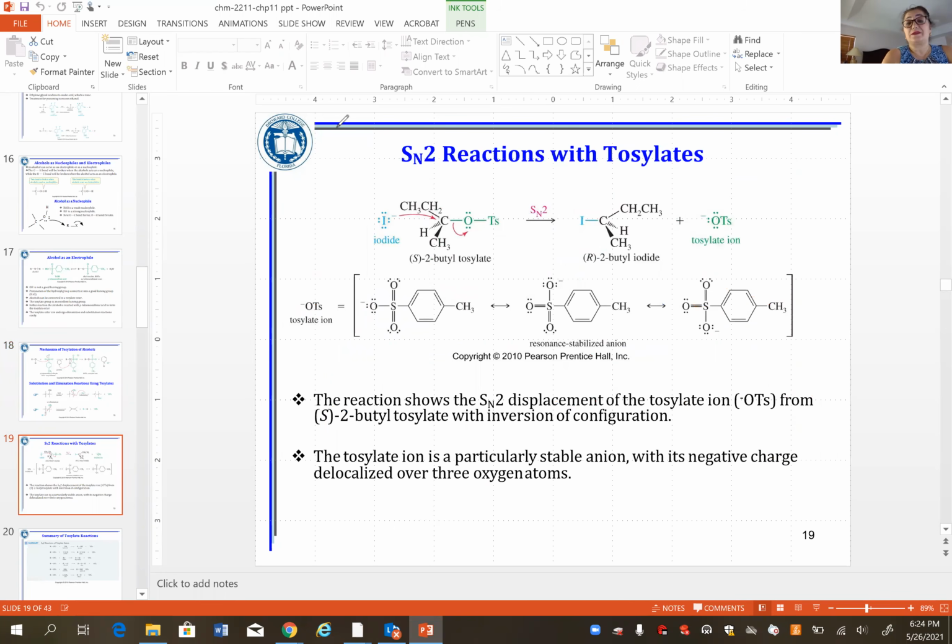This slide also talks about the same thing, just substitution. If you want to do a substitution reaction by SN2, remember the umbrella or Walden inversion that happens. What it means is that the attack of the nucleophile is a back attack.